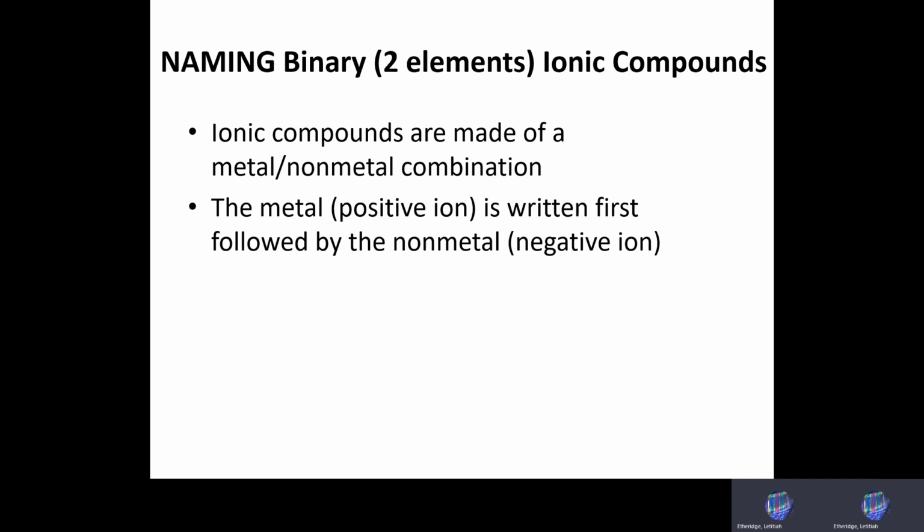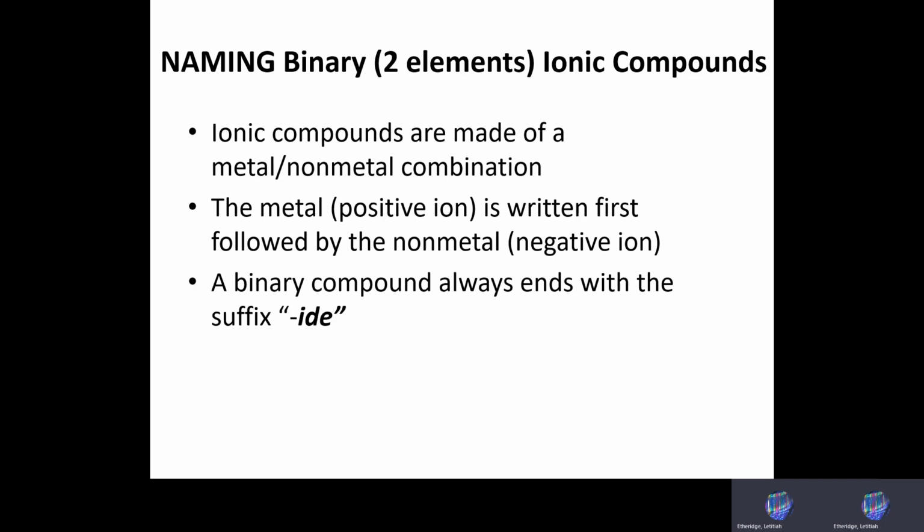When we're writing the chemical formula, you always want to put the metal or the positive ion first, and then it'll be followed by the non-metal or the negative ion. And the big thing about binary compounds is that they always end in "ide", I-D-E. Okay, so 3 things.